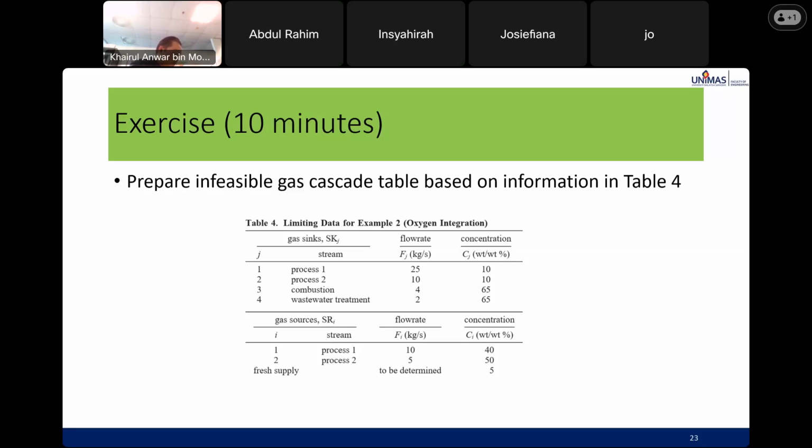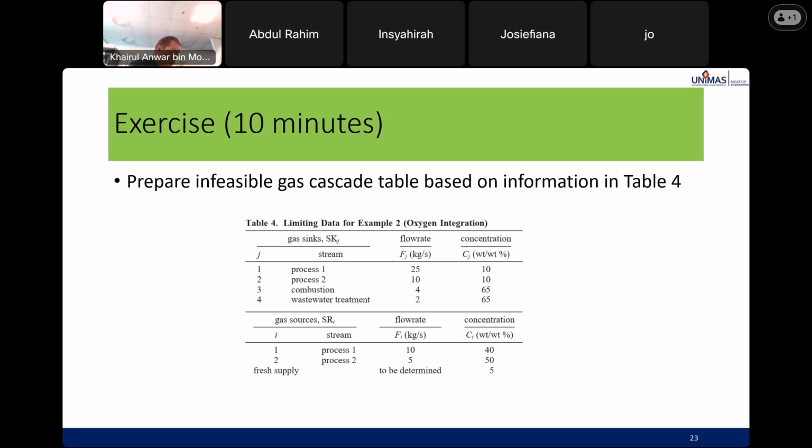The one is based on the infeasible gas cascade table. You may refer to table 2 for nitrogen. So actually the difference between feasible and infeasible, they calculate the interval fresh gas flow rate, FFK.